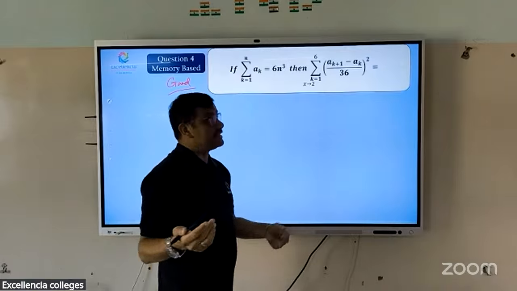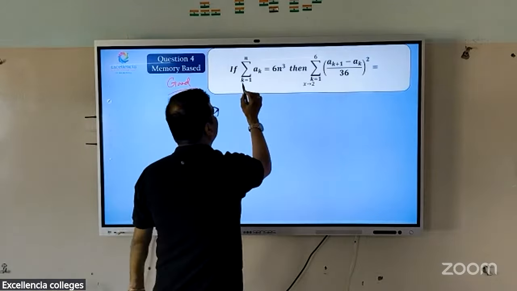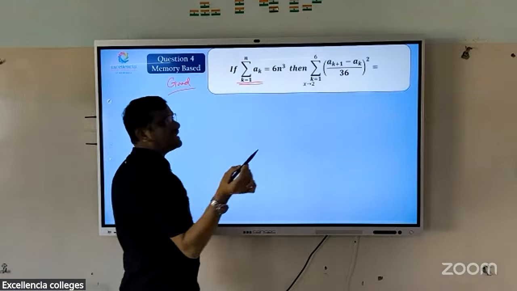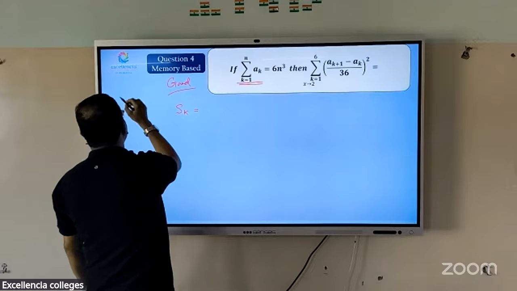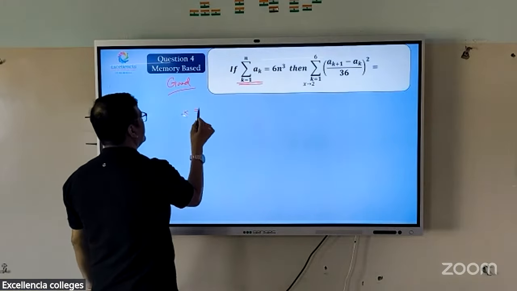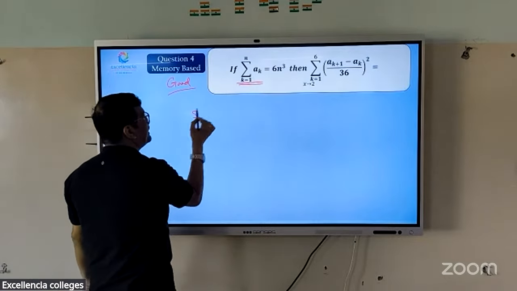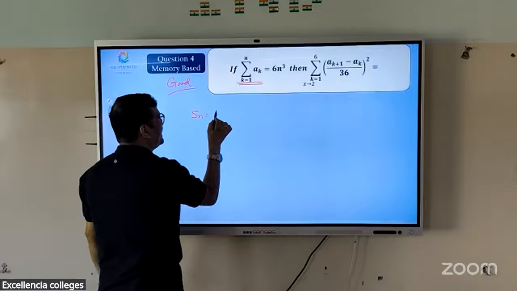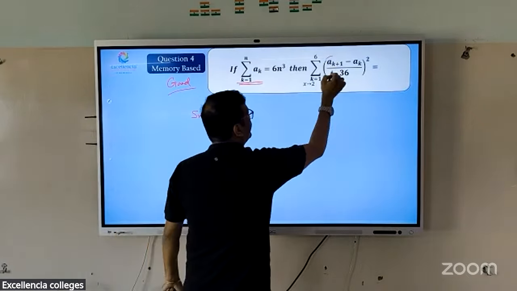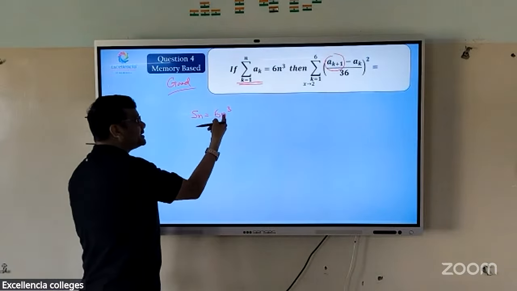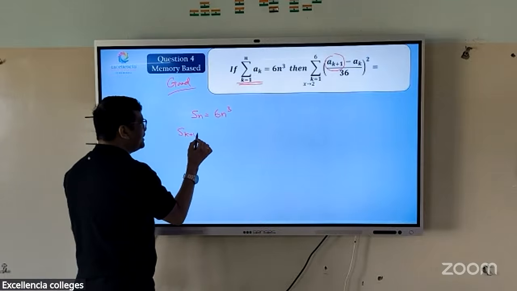This is a sigma. K is given to us. Sn is given to me as 6 into n cube. Right? Now he wants the a k. I know that S(k plus 1) minus Sk is a(k plus 1).